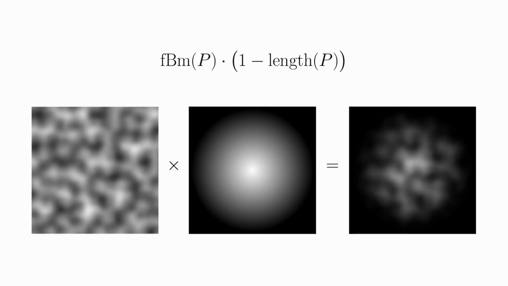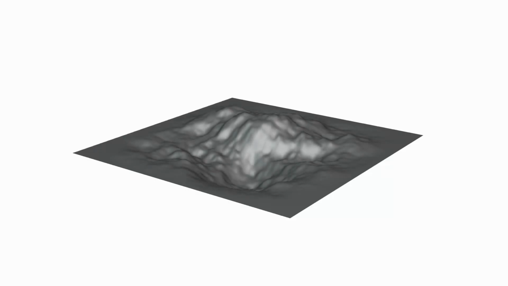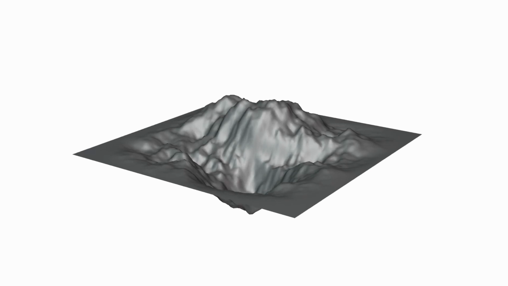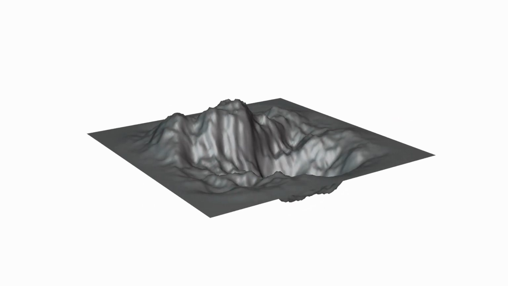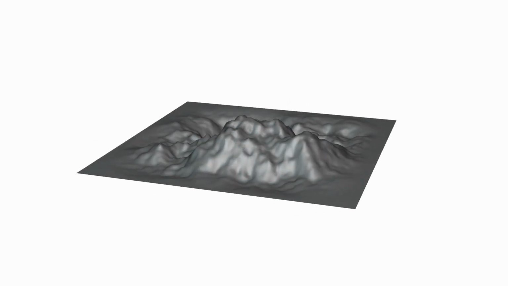This is an FBM, but it falls off to black toward the edges. Again, as before, we can use it as the displacement. So we can displace the points of the unit square using this generated pattern. What we get is something that sort of resembles a mountain, but it is not a very realistic mountain. The reason is that a mountain is not homogeneous.